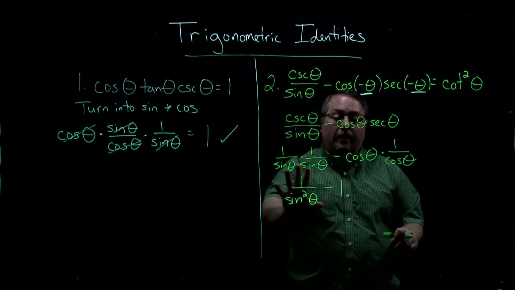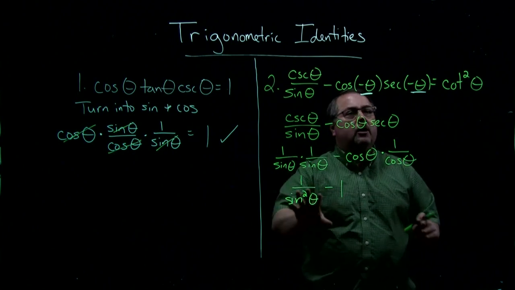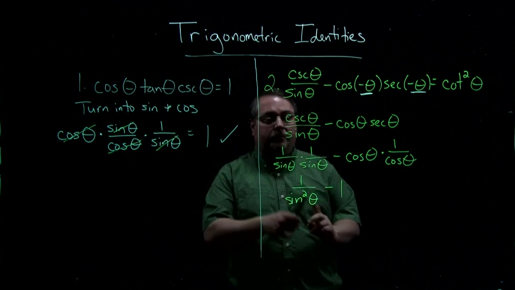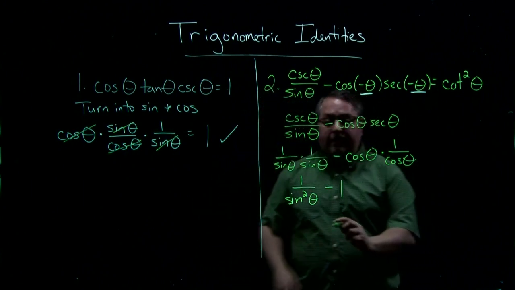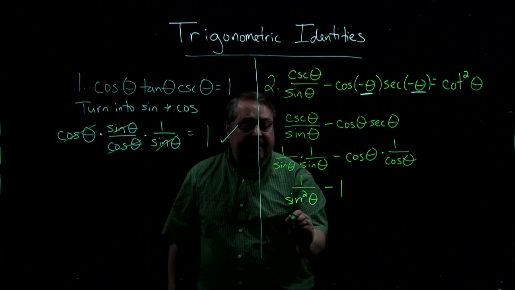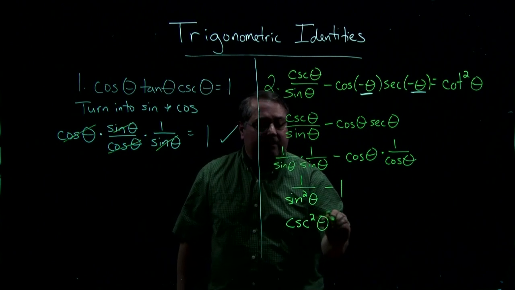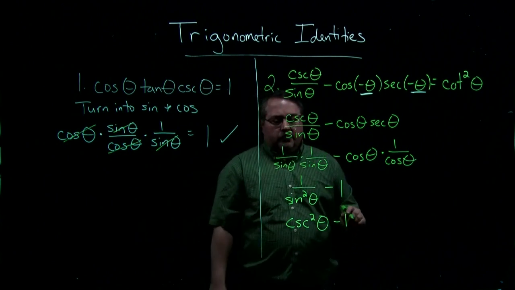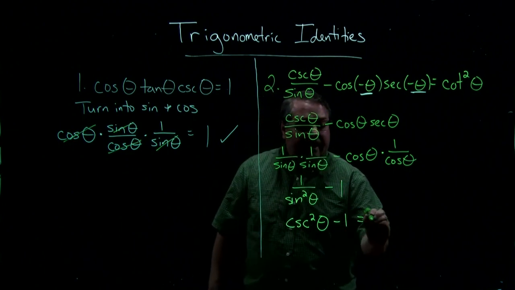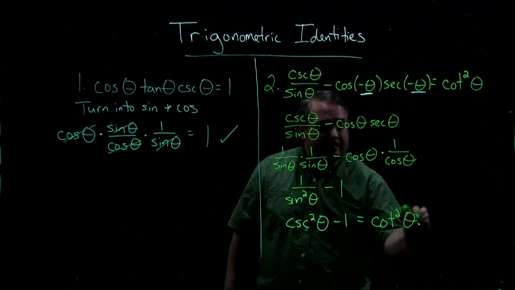So what we're going to do now is sort of do the reverse of what we were doing before, because again we want to work towards the Pythagorean identity involving cosecant squared and cotangent squared. So now we're going to write 1 over sine squared theta as cosecant squared theta. Okay, so now we have cosecant squared theta minus 1, and that's going to be equal to cotangent squared theta.